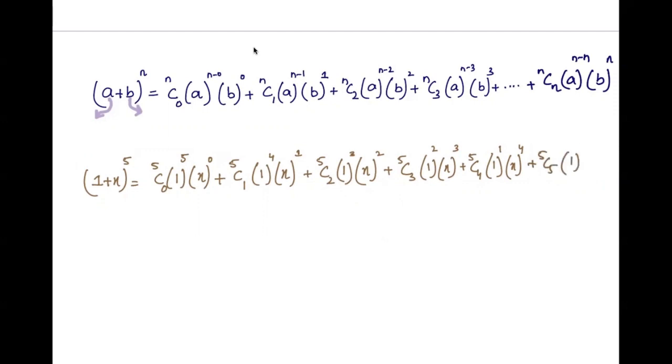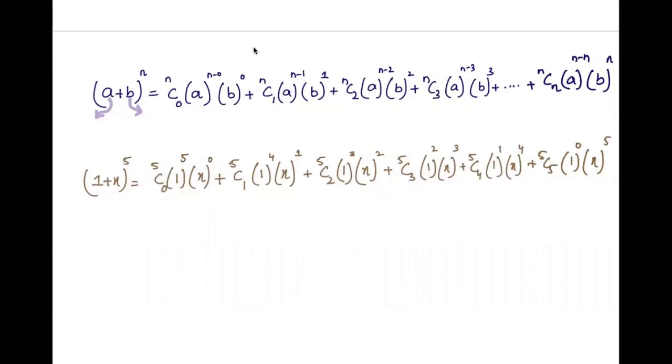First term to the power of 5 minus 5, that is 0. Second term to the power of 5. Now notice that you are going to end at 5C5 because you can't have 5C6. The expansion is going to end on NCN. So 5C5, you can't have 5C6.